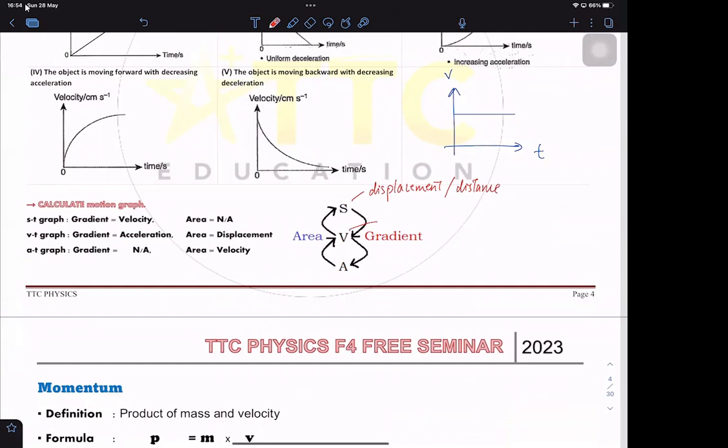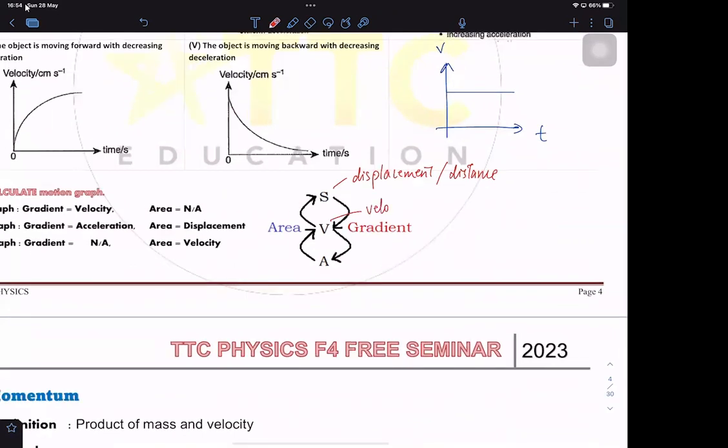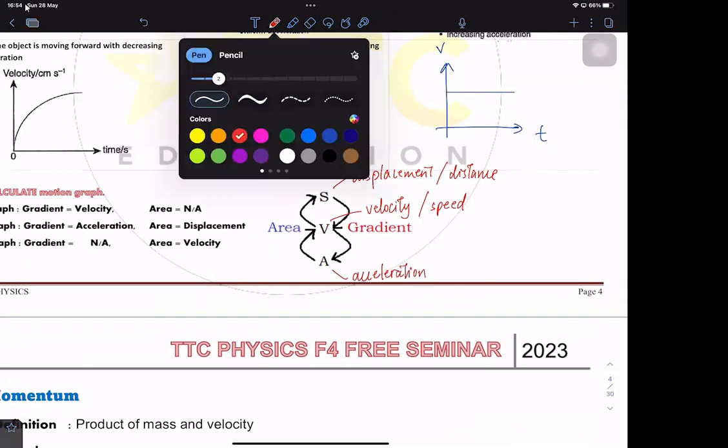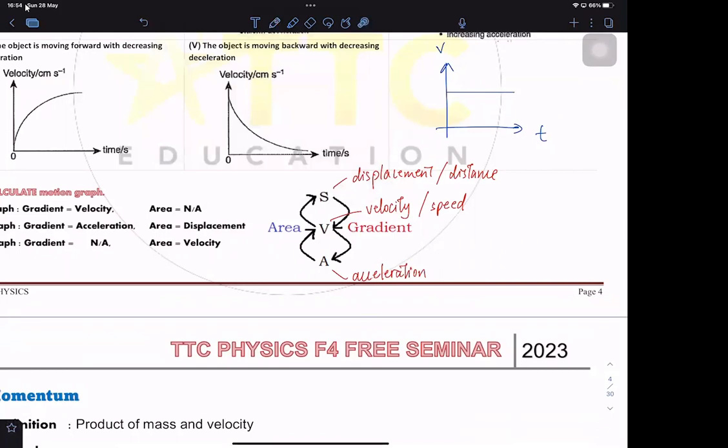The V is velocity or speed. Again, we don't really care which one. A is acceleration, or deceleration. Now, the way it works is like this. If you need to go down, then you need to find gradient. If you need to go up, you find area. Go down gradient, go down gradient, go down gradient.